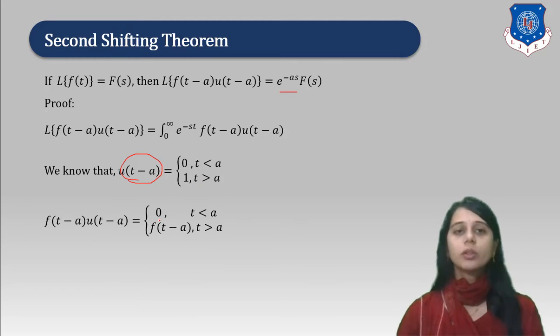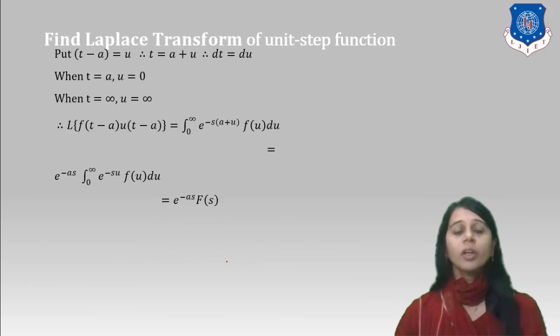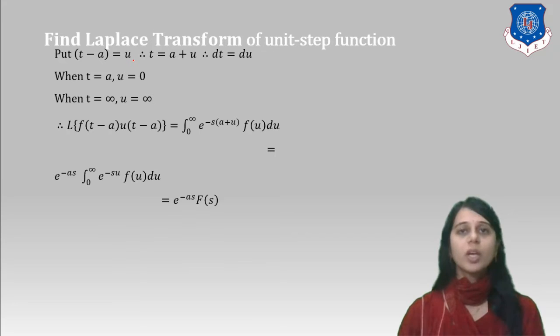Okay. So, we take this value as 0, and f of t minus a, because we are taking u of t minus a value, as 0 and 1. So, our integral is converted into a to infinity e raised to minus st f of t minus a dt. Now, we suppose t minus a equal to u.